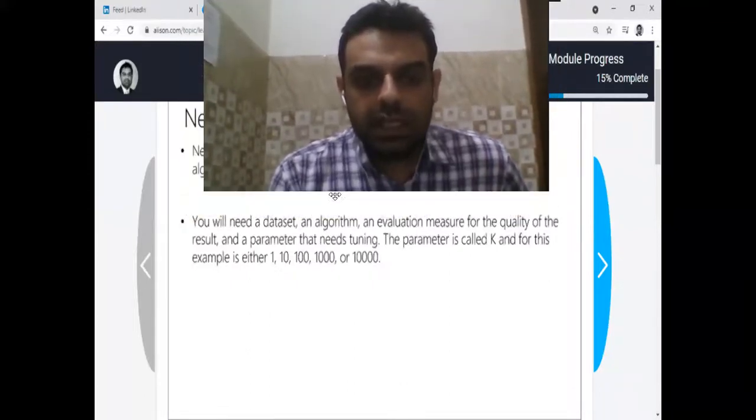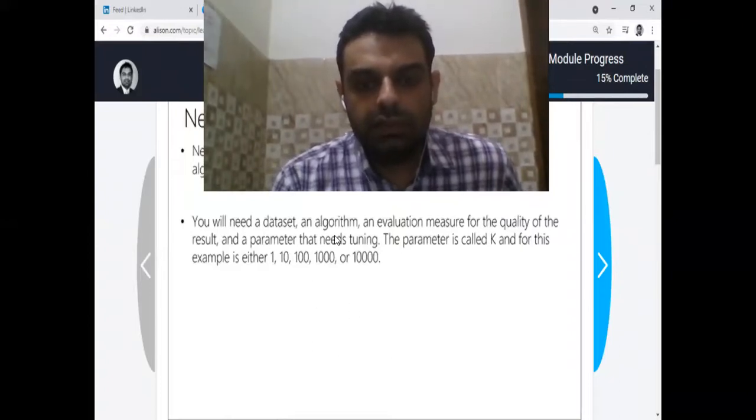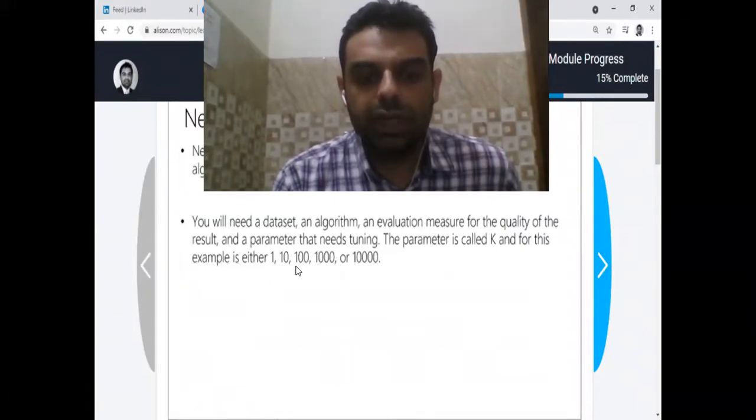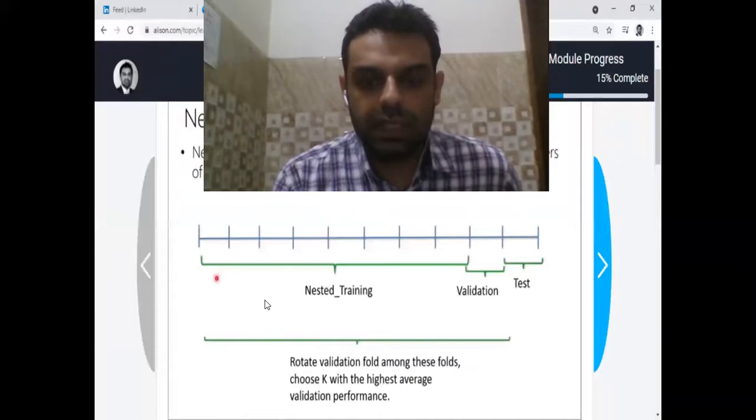Now what happens in nested cross validation? We need a data set, we need an algorithm, and we need an evaluation measure. We also need a parameter that needs tuning. Here we call the parameter k, and we keep changing its values from 1, 10, 100, 1000. Actually we don't know the value of k right now. We'll know it from the algorithm itself.